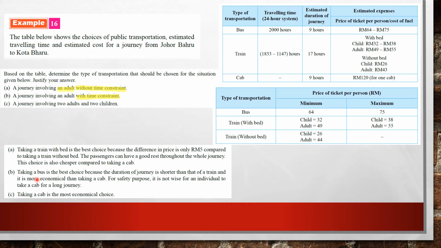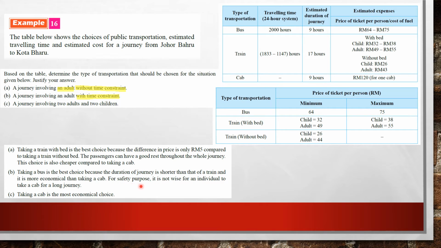take the bus. So taking a bus is the best choice because the duration of the journey is shorter than that of a train, and it is more economical than taking a cab. The cab is also 9 hours, but the price is 120 ringgit compared to the price of the bus, so more expensive.